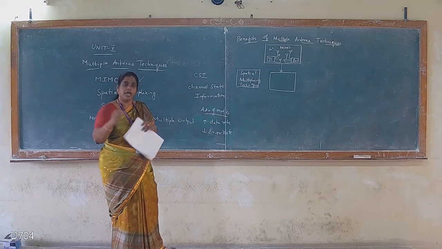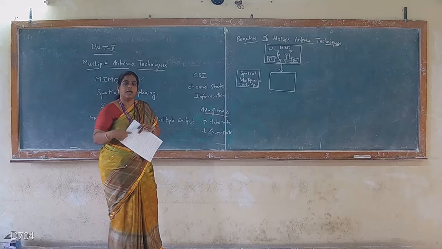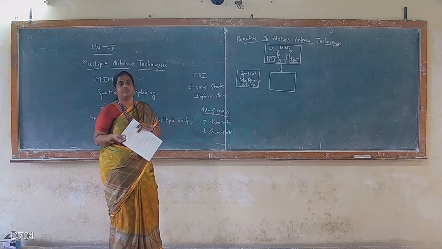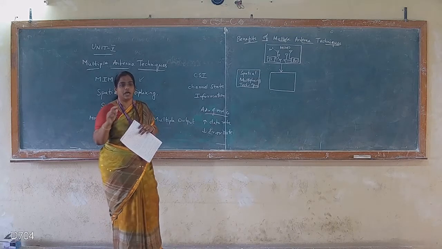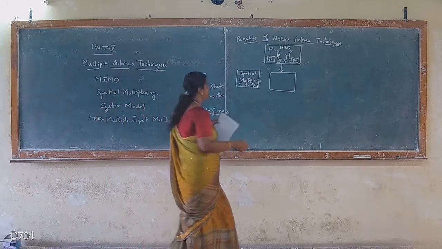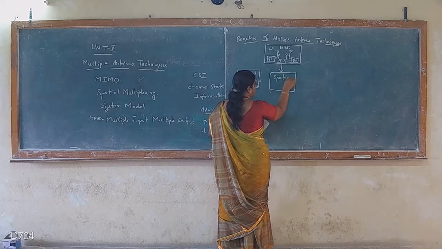Out of these, the one having high quality, we are going to take. So it is called spatial diversity. For MIMO, you have to remember the words spatial diversity and spatial multiplexing, the two major concepts behind MIMO.